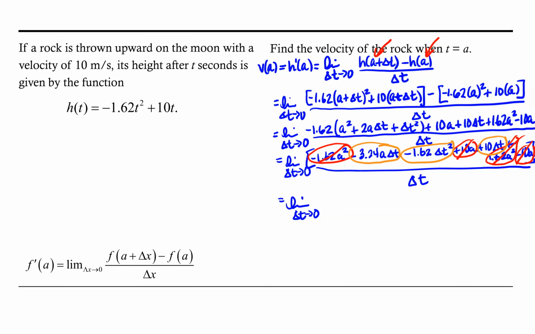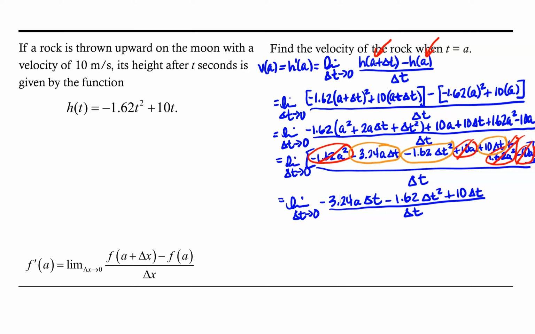So we've got negative 3.24A delta t minus 1.62 delta t squared plus 10 delta t, all over delta t.